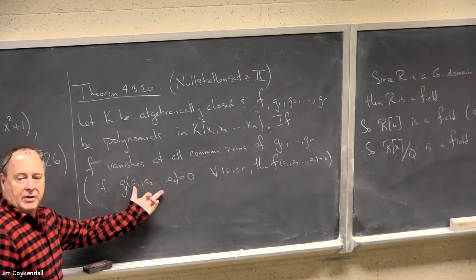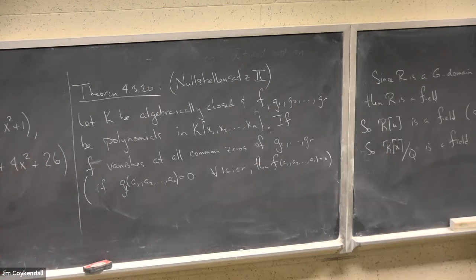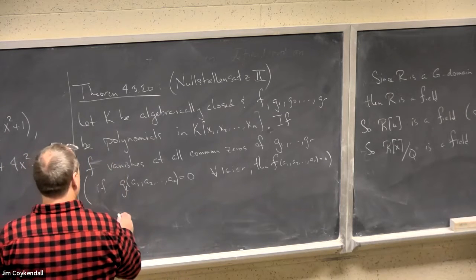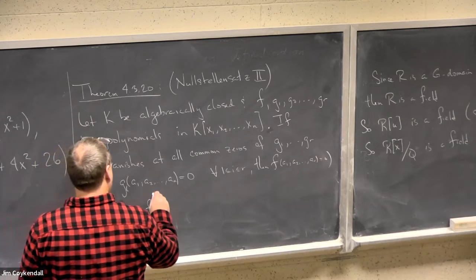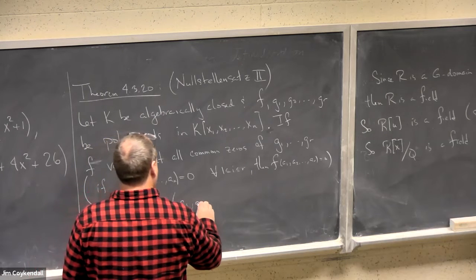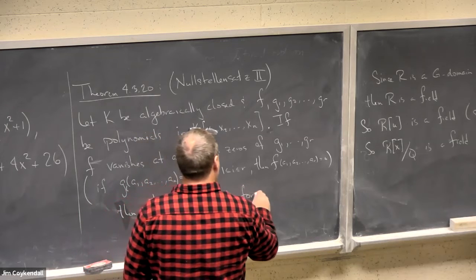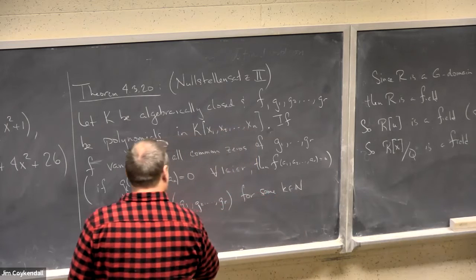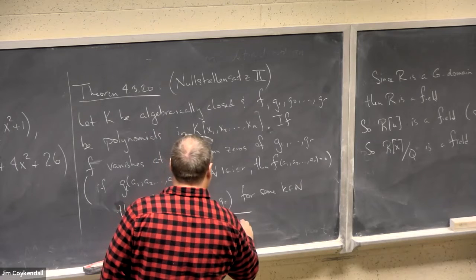If you can plug these in and it kills all the Gi's and kills F as well, then a power of F lies in the ideal. So F to the K is in the ideal G1, G2, through GR for some K. That is to say, F is in the radical of G1, G2, through GR.